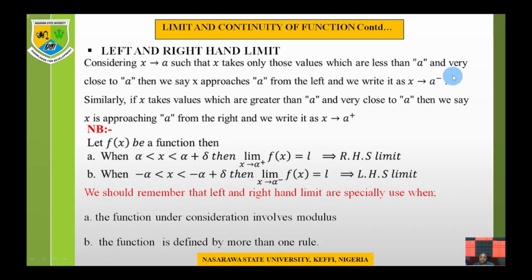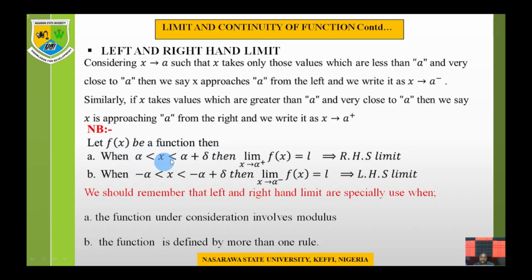So when you see this, you know that you are talking about left hand limit. Similarly, if x takes the values which are greater than a and very close to a, then we say x is approaching a from the right, and we write it as x approaches a raised to power positive sign, or superscript positive sign.